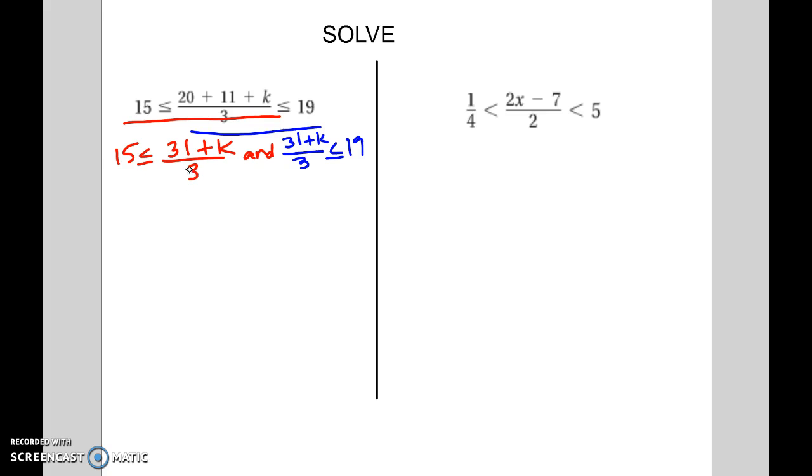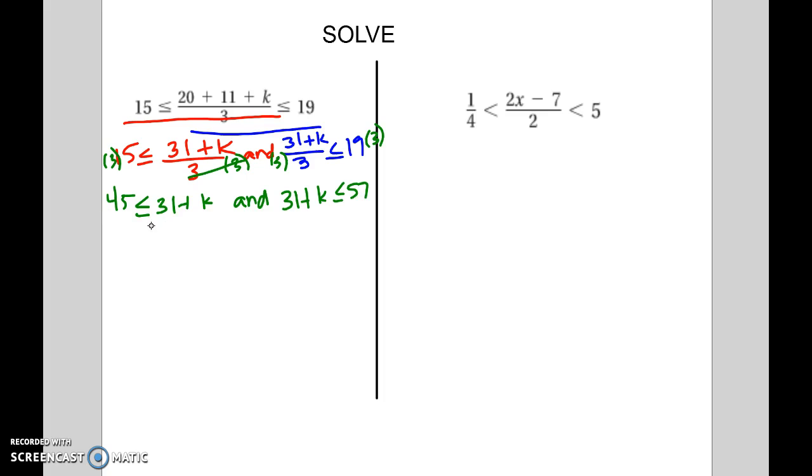Just like you would solve a regular equation. To get rid of the fraction, I have to multiply by 3 on both sides. This cancels. I get 45 is less than or equal to 31 plus k. And same thing here. Multiply by 3 on both sides. 31 plus k is less than or equal to 57.